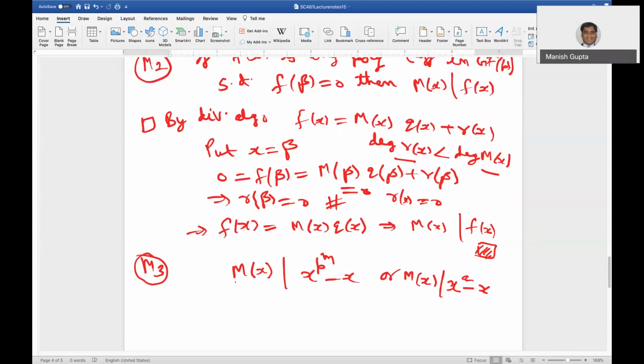Because beta is a root of this equation, x raised to power p raised to power m, or x raised to q minus x. So we can take f(x) as this polynomial. Then using property 2, since beta is the root of m(x), and m(x) is a minimal polynomial, it will divide this, right? So this is straightforward.